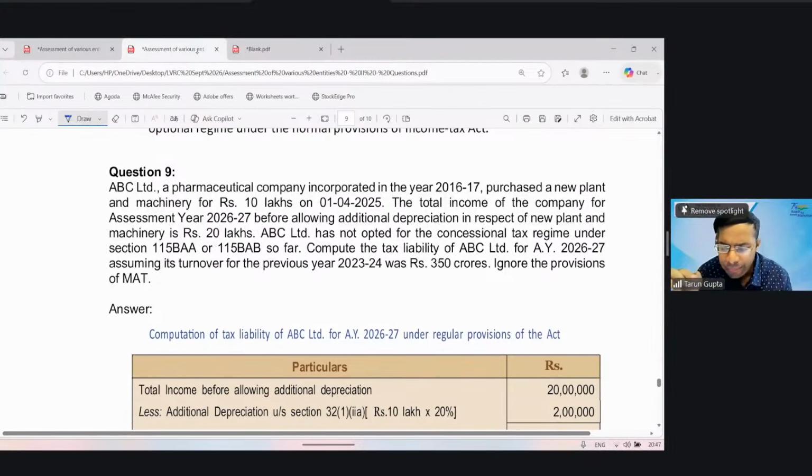In the next question, the company purchased a new asset of 10 lakh. Its total income without additional depreciation is 20 lakh, and turnover was 3350 crore in FY 23-24. So you have to see whether it should opt for the new or the old regime.